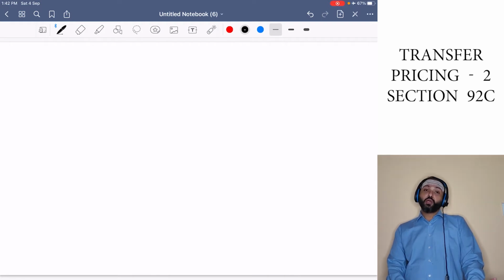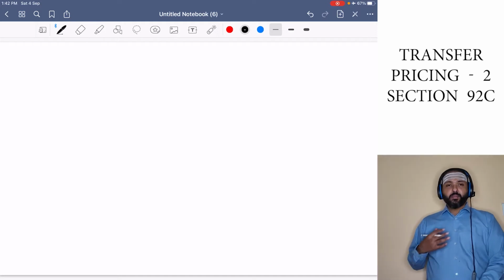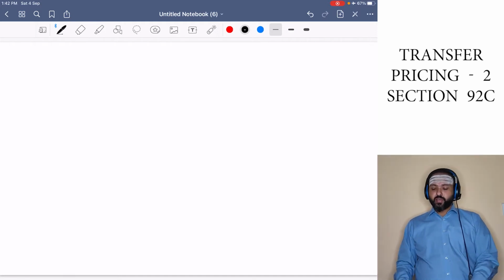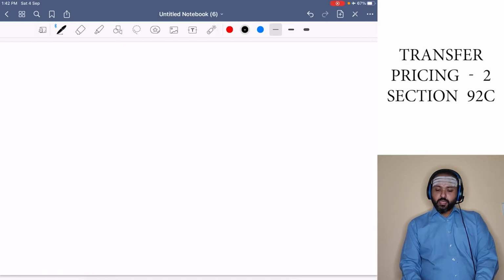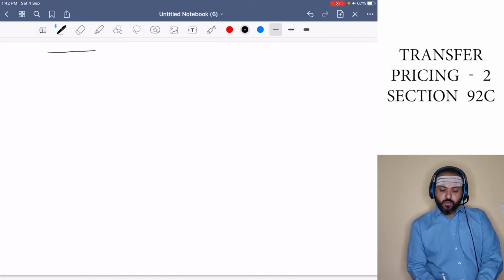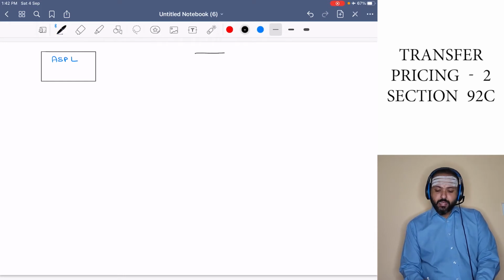So, we are sticking to our old example, which we considered during the application of section 92A and 92B. Acer India is the party for whom we are now trying to advocate the entire transaction. So, there are two parties. What are they? This is Acer, let us keep it short, ASPL, Acer Singapore Pte Limited, and the second entity is Acer India Private Limited.